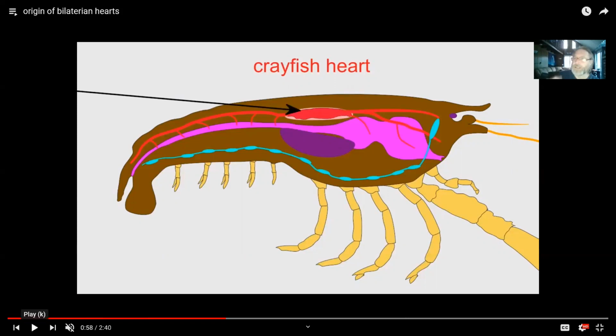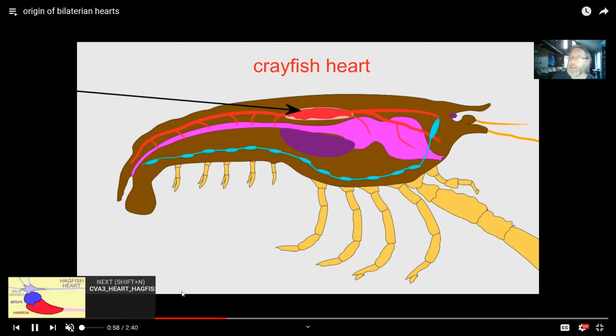Notice that we vertebrates think of the heart belonging on the ventral side of the body and the nerve cord being on the back. But we actually see the opposite in most of the invertebrates, where the heart is on the back side of the body and the nerve cord is on the front.